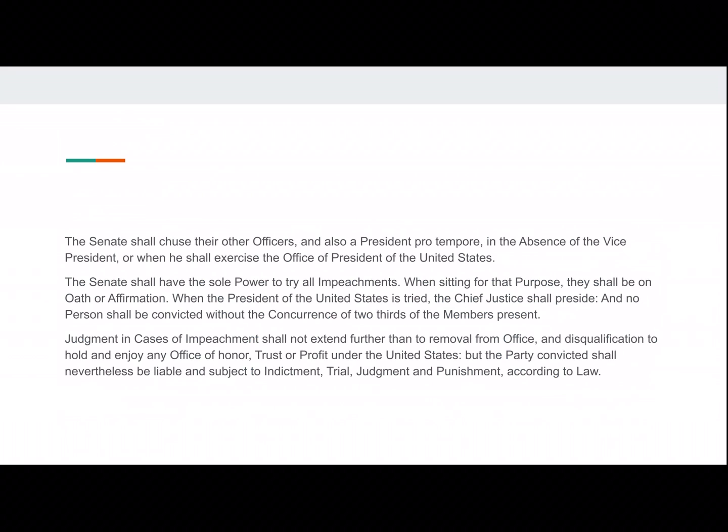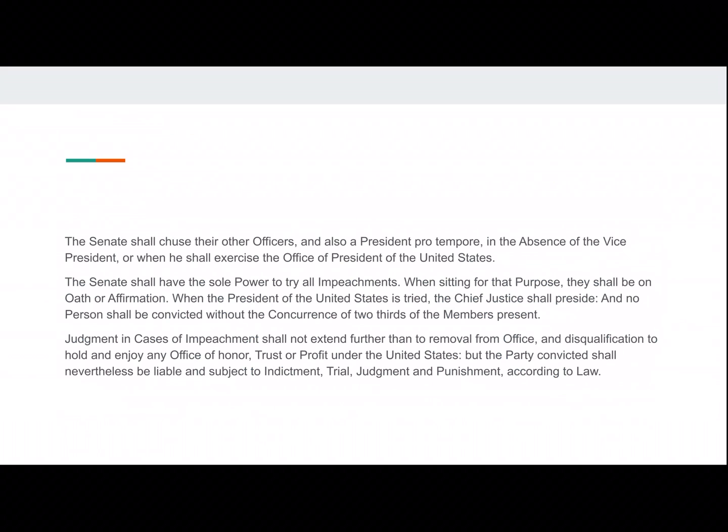Judgment in cases of impeachment shall not extend further than to the removal from office and disqualification to hold and enjoy any office of honor, trust, or profit under the United States, but the party convicted shall nevertheless be liable and subject to indictment, trial, judgment, and punishment according to law. So all they're saying is the only thing the Senate can do is remove a president from office if they find it is important, okay?